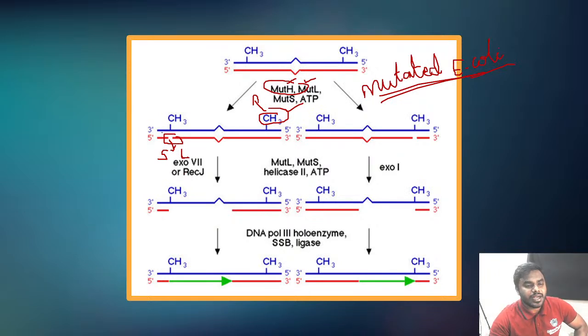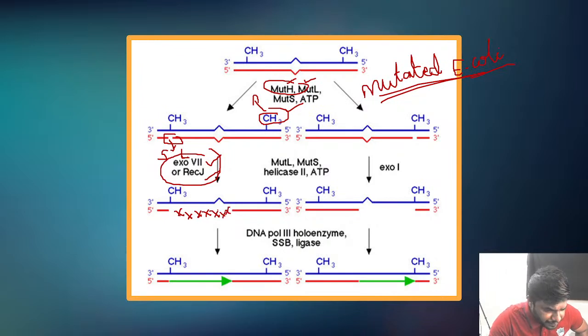Then immediately, MutS and MutL are going to recruit a powerful enzyme, exonuclease 7 or RecJ. What will that exonuclease 7 or RecJ do? They remove all these damaged bases.